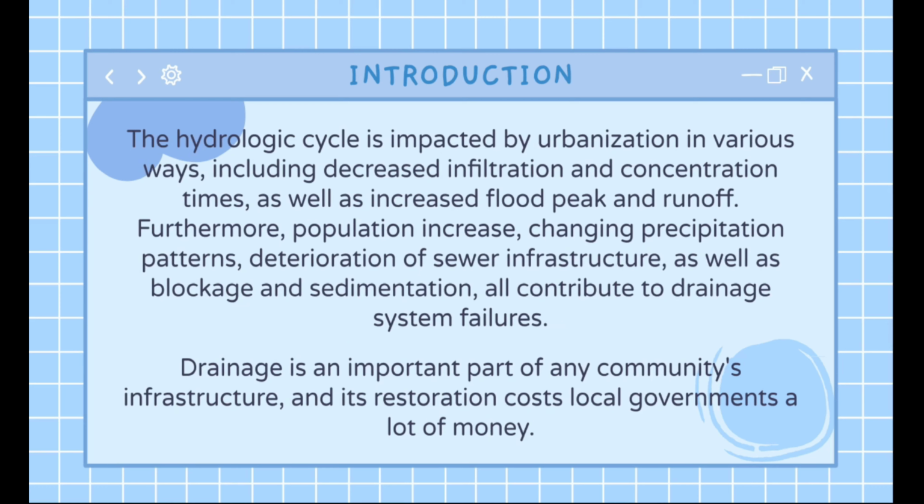The hydrologic cycle is impacted by urbanization in various ways, including decreased infiltration and concentration times, as well as increased flood peak and runoff. Furthermore, population increase, changing precipitation patterns, deterioration of sewer infrastructure, as well as blockage and sedimentation, all contribute to drainage system failures.